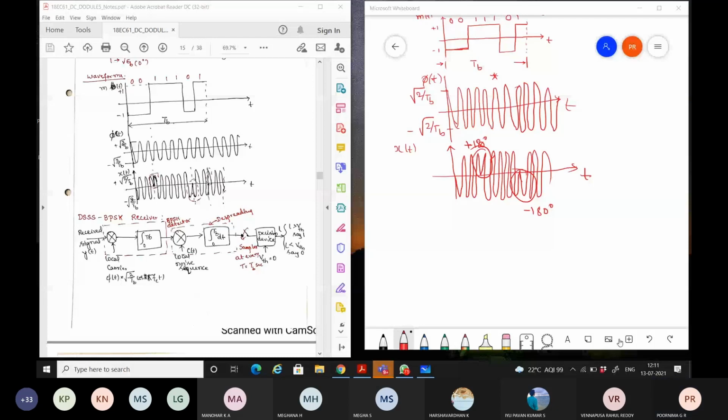The processing gain is the ratio of the bandwidth of the spread signal to the bandwidth of the unspread signal. So the bandwidth of the spread signal is nothing but 1 by Tc, and the unspread signal bandwidth is 1 by the bit duration TB.